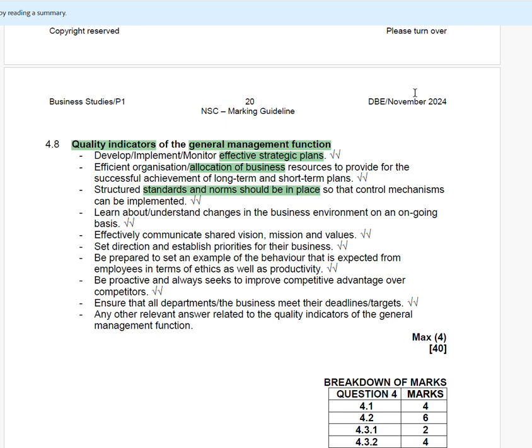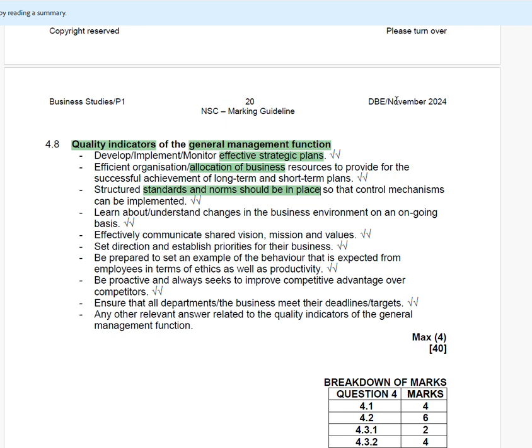Monitor allocation of business resources. You cannot keep computers in the factory. People are working in the factory, they don't need computers, they need machines. So know where to put certain products. Do not put a product that is not going to be used, it's going to be redundant. Now, you are just wasting company resources by buying things and keeping things in a location where they shouldn't be.